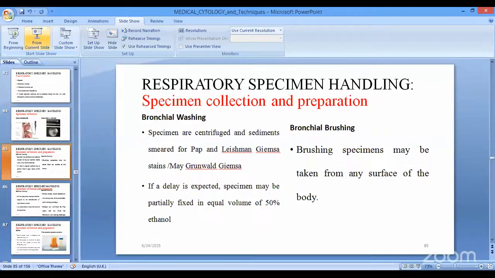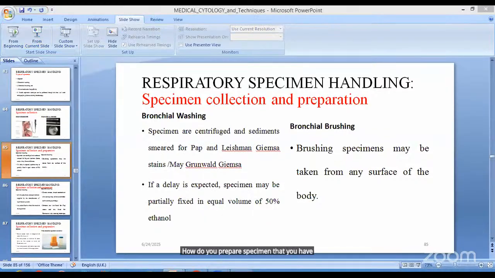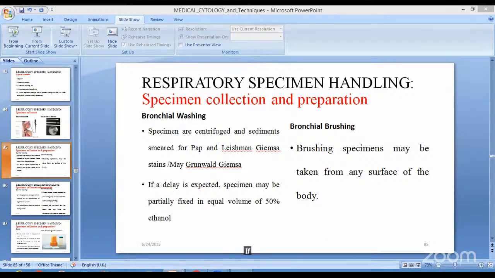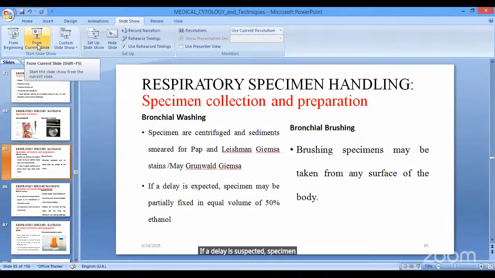How do you prepare the specimen that you have collected? For bronchial washing, specimens are centrifuged and the sediment smeared for Pap and Leishman-Giemsa stain, the Romanowsky stain. If a delay is expected, specimen may be partially fixed in equal volume of 50% ethanol.